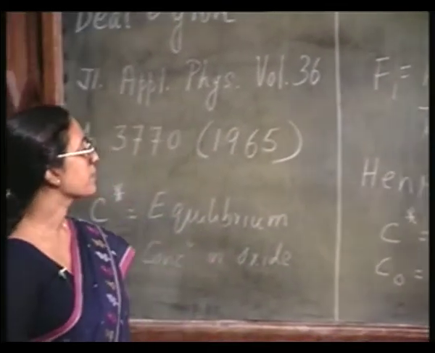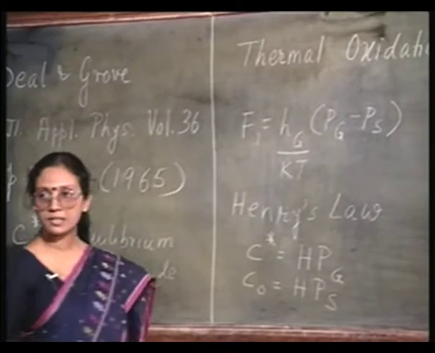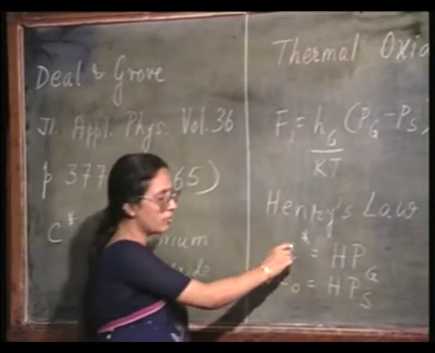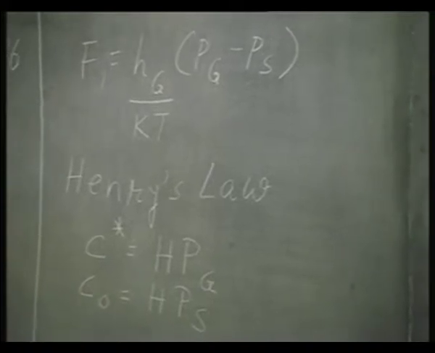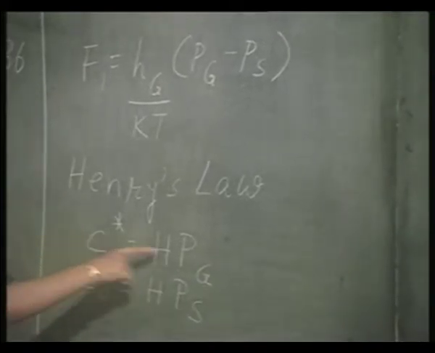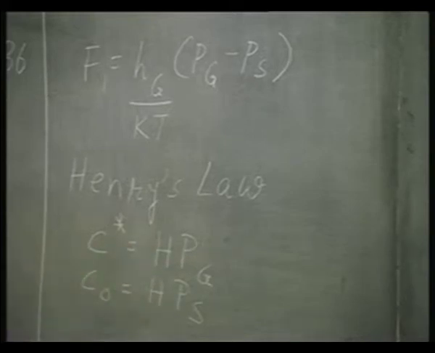Now, you see, it is possible for me to write the flux equation in terms of C star and C naught, because I know C star is proportional to Pg and C naught is proportional to Ps, isn't it?